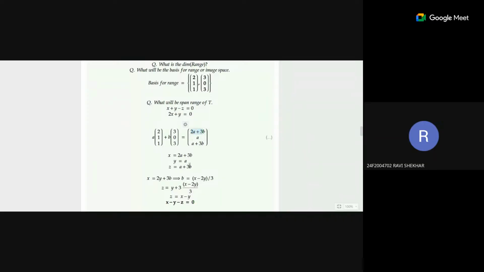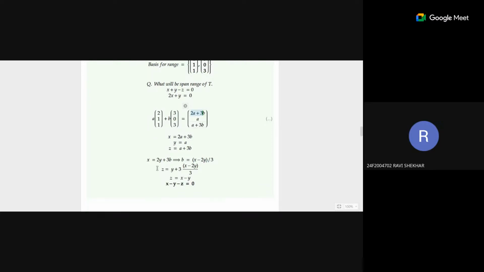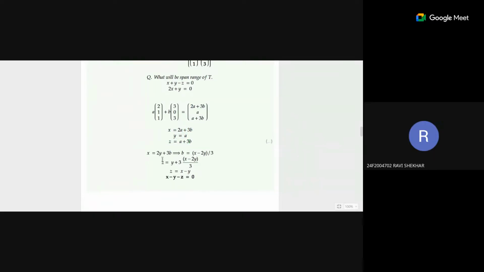Now we take those equations and substitute them in the equation of the plane. We write the linear combination of these two vectors and substitute the value of a into this equation.